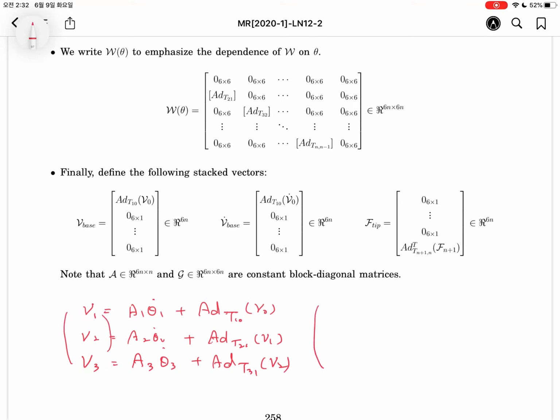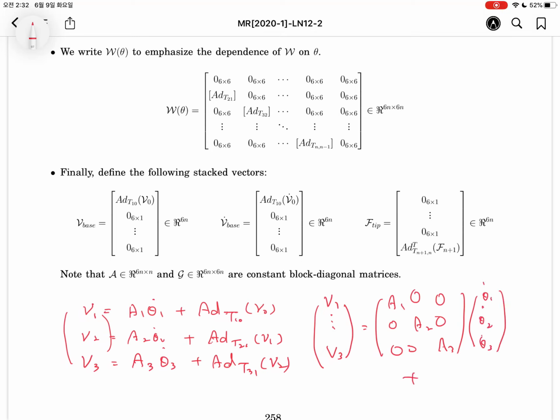Okay, these vectors V1 through V3 are obtained: A1, A2, A3, other terms will be the zero matrix, and theta 1 dot, theta 2 dot, theta 3 dot, plus this other joint should be multiplied.